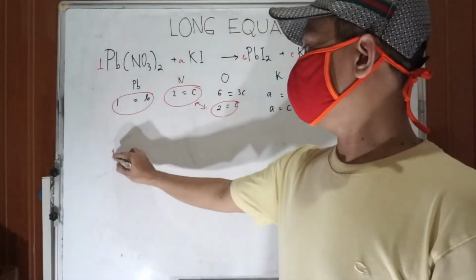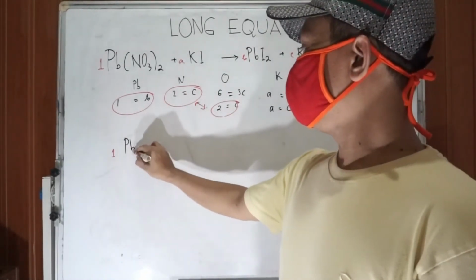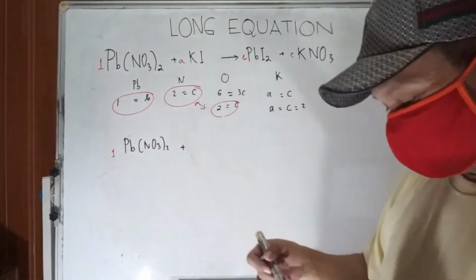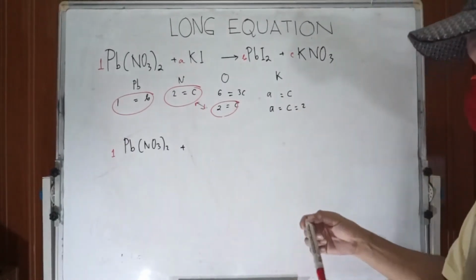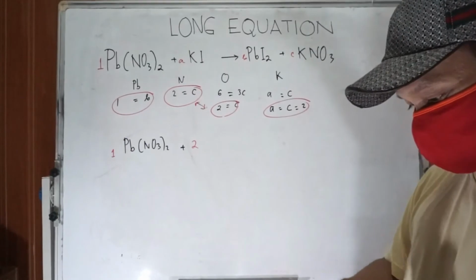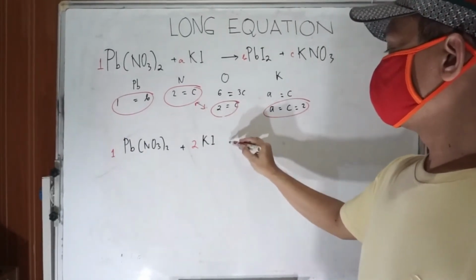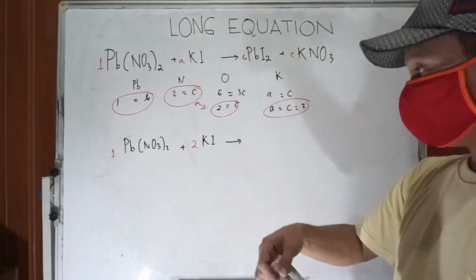Okay, now we're going to rewrite again the balanced equation. Okay, so 1 Cd(NO3)2 plus A. How many A? 2, right? So 2 KI yields. How many B?